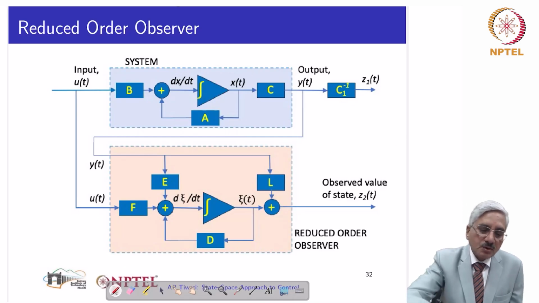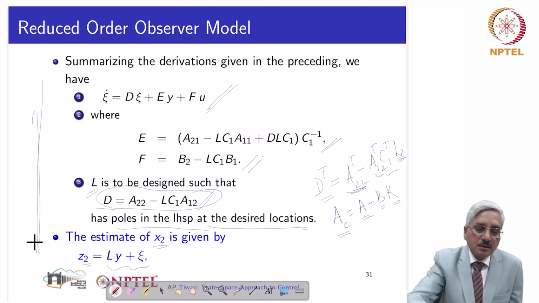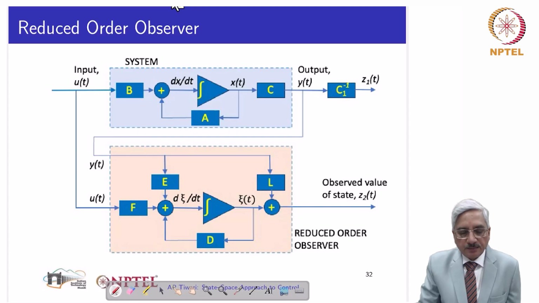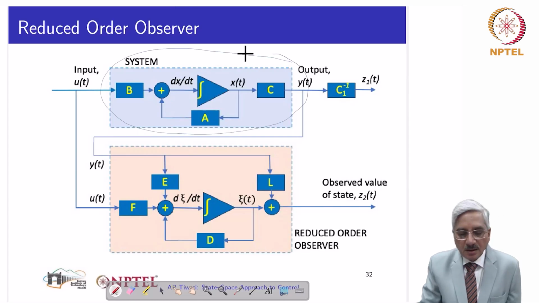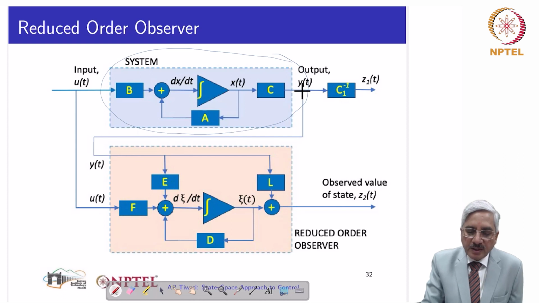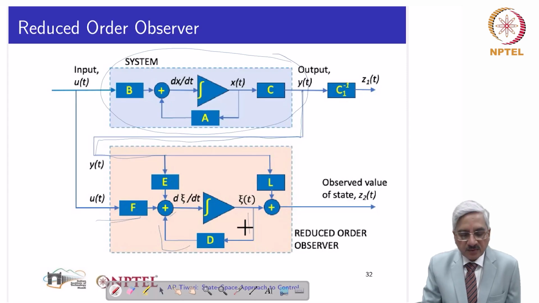Now this diagram shows this reduced order observer through the state diagram. So this is the system. This is familiar to us. Now what we have done, we have picked up the Y, the output of the system, and E into Y is entering on this adder. There F into U is entering as well as D into Xi enters.